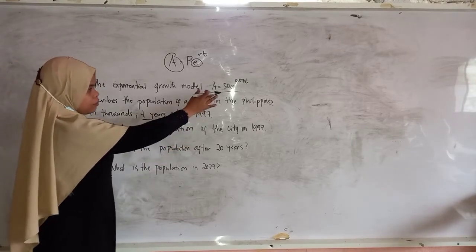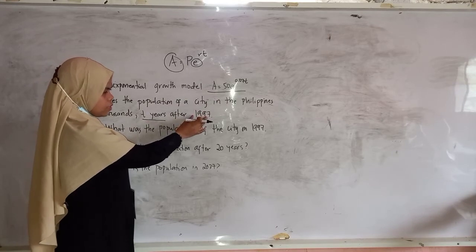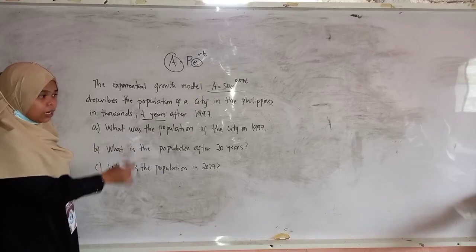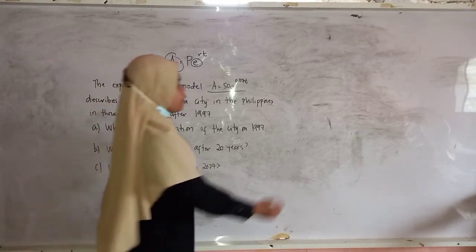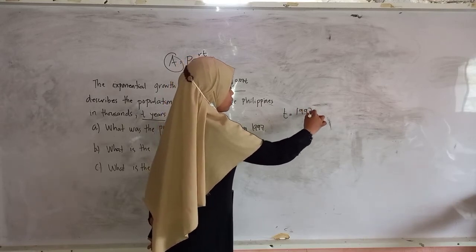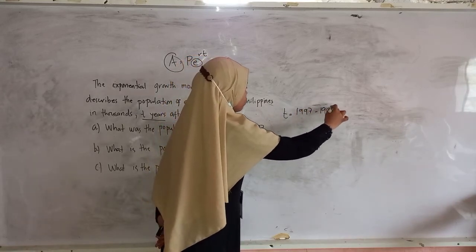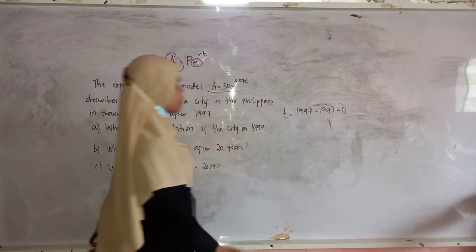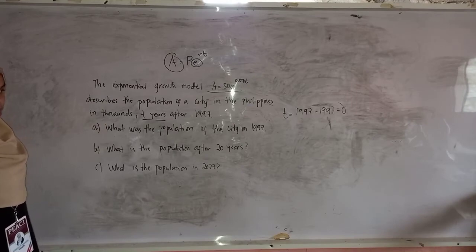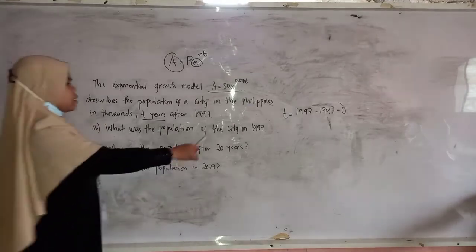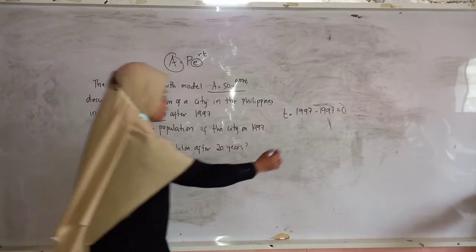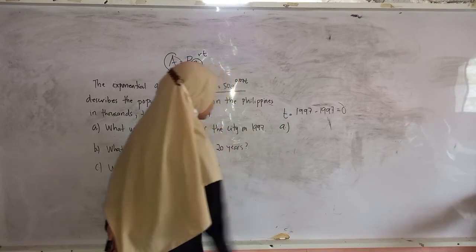So, since ang model na to ay given on the year 1997, tapos ang hahanapin natin ay population on the exact year 1997, ibig sabihin yung time natin will become 0 because 1997 minus 1997 is equal to 0. Ibig sabihin ang standard unit of time natin ay year. So, hindi months kasi year yung standard unit. So, 1997 minus 1997, that is equal to 0. So, this is the solution for the question letter A.